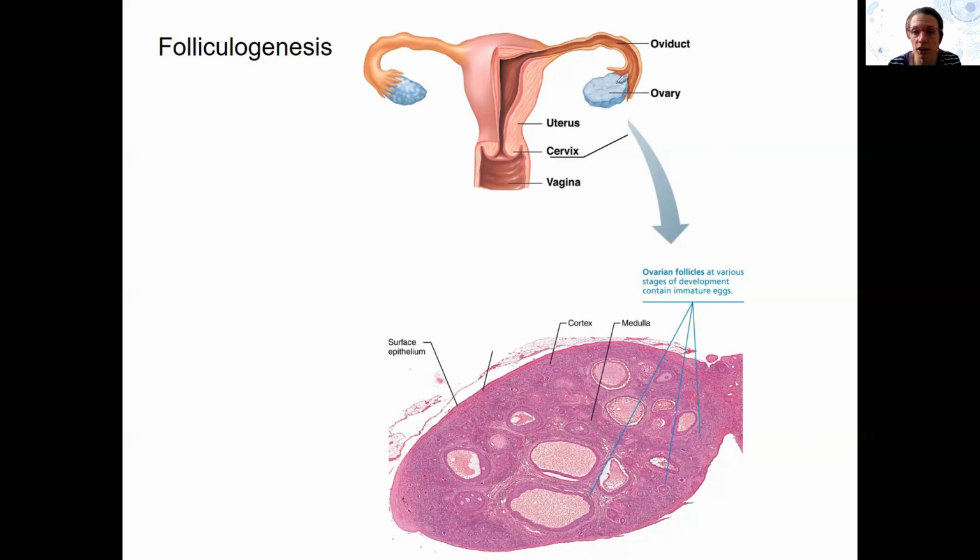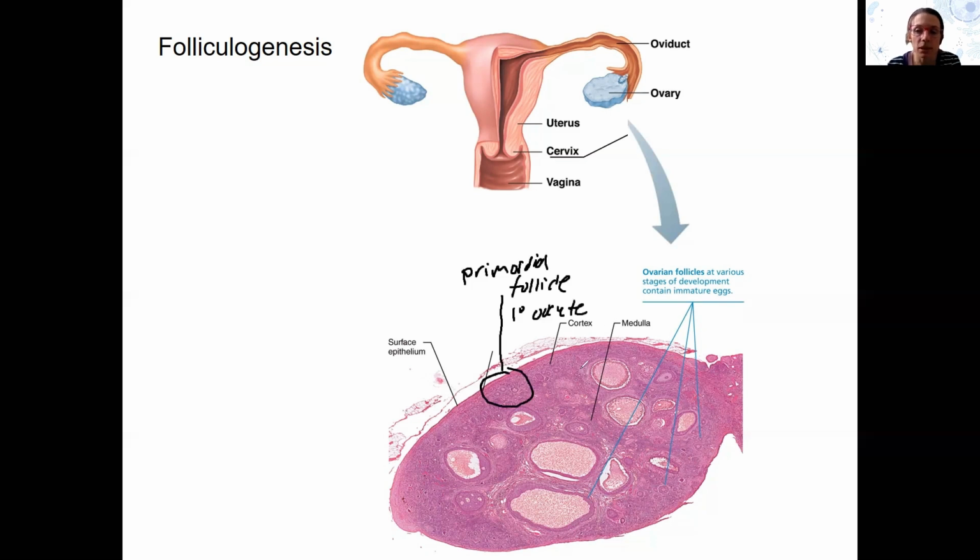Within the ovary here, this whole thing is an ovary. And all this little stuff in here, and even these little tiny ones, these are primordial follicles. These contain a primary oocyte.